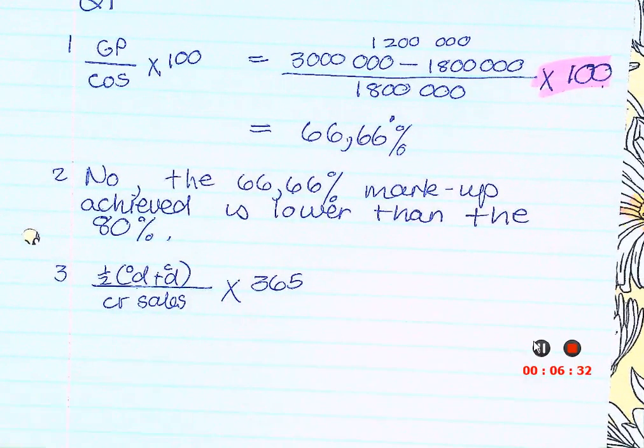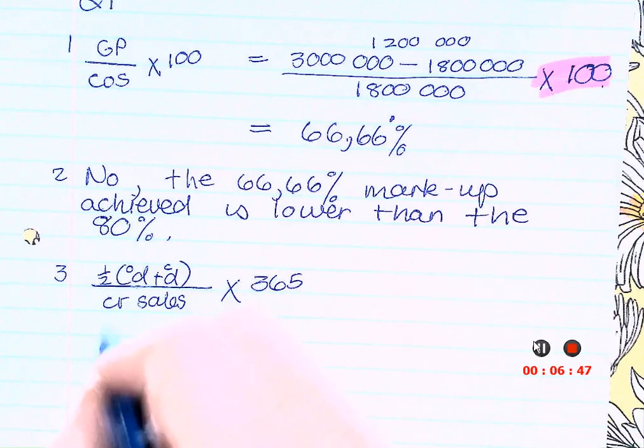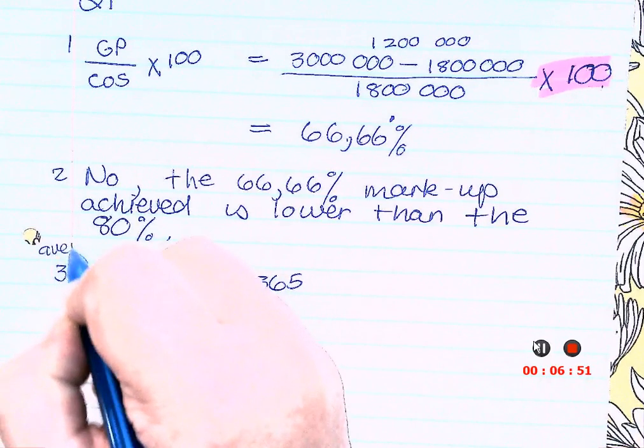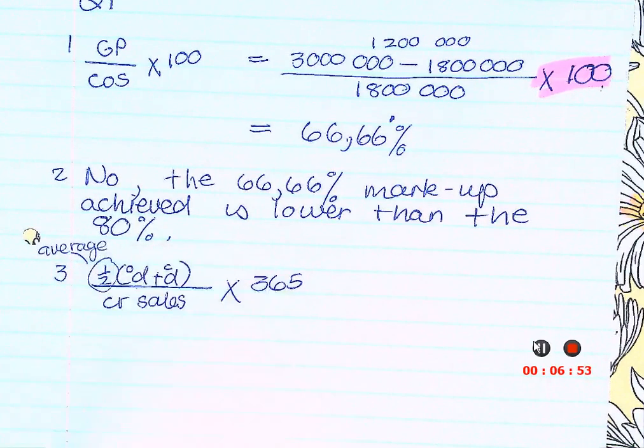Okay. And we're not going to worry here about leap years. It's always 365. Now if I go look, can you see that half is average? Average opening debtors plus closing debtors.